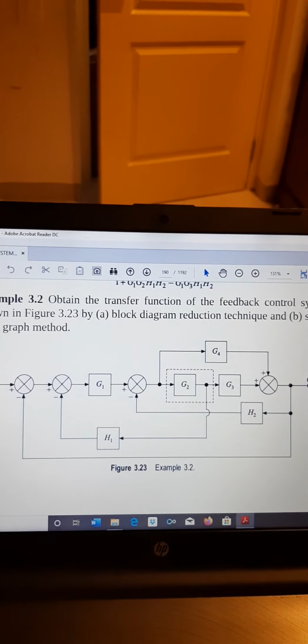When you compare the signal here and here, an additional multiplication is happening. In order to compensate that, if you are taking the branching from here back, you need to divide, so that you can see in the next diagram: G2H1 divided by G3 G3 plus G4.